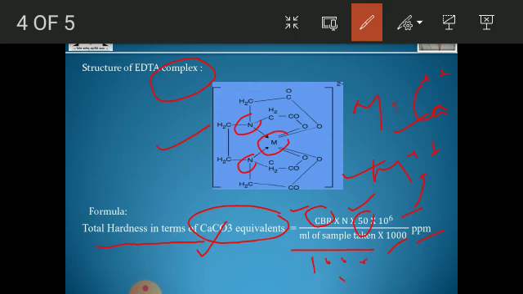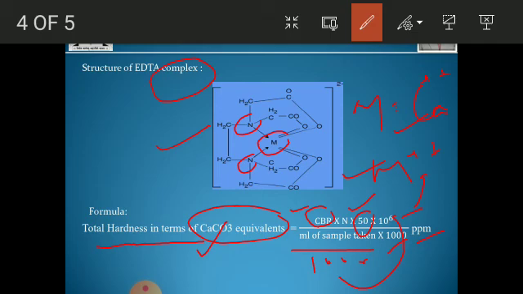This 1000 will go in the numerator. Then this 50, the equivalent weight, is in grams. We have to convert it into milligrams, so we multiply again by 1000.